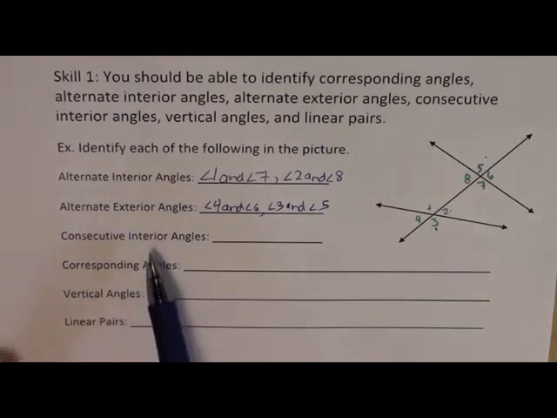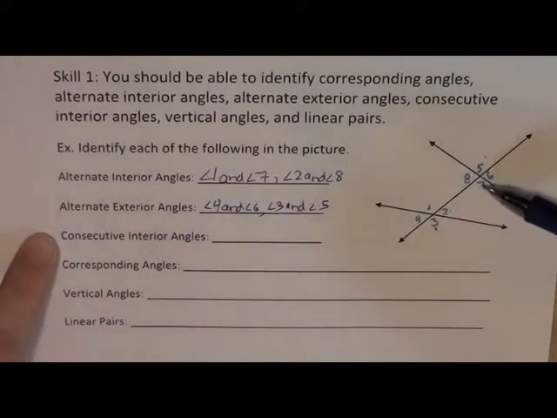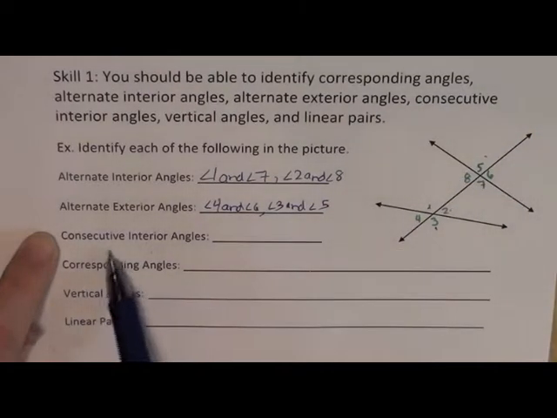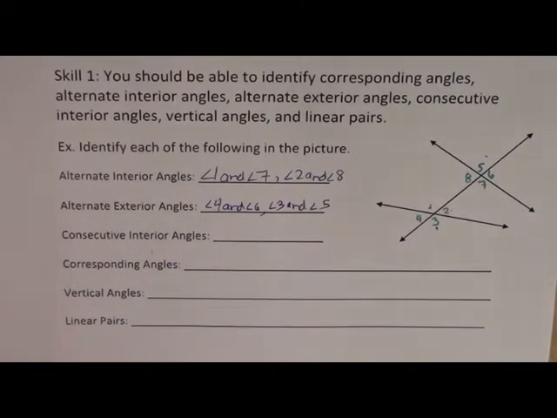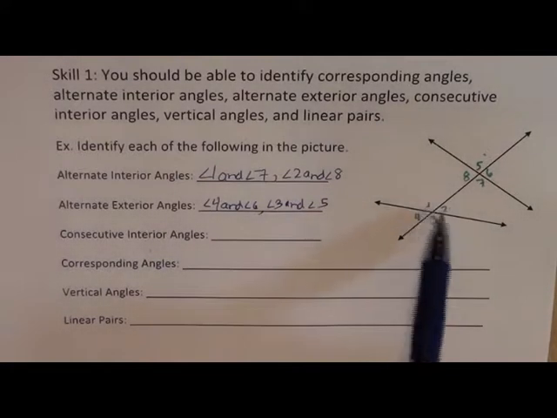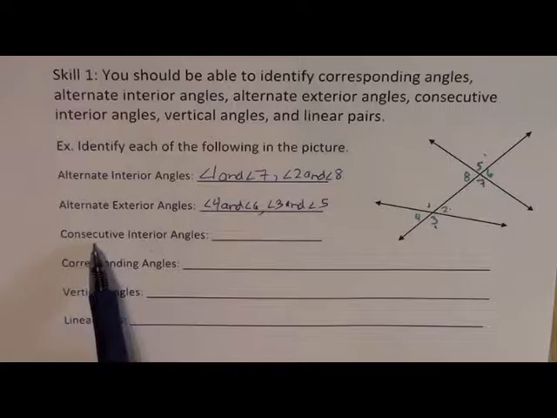Consecutive interior. Back to the interior. 1, 2, 8, and 7 are the inside numbers. Consecutive means they are next to one another, but not in the sense that 1 and 2 are next to each other. We're not looking for adjacent angles, angles that share a side. We're looking for angles that are on the same side of the transversal.